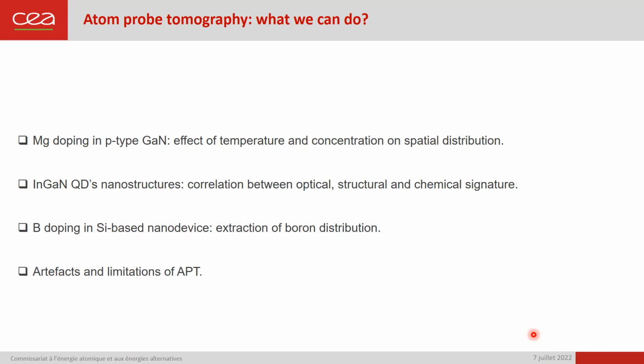The second one will be focused on InGaN quantum dot nanostructures with correlation between optical, structural, and chemical signature of these systems. And the third application will be dedicated to boron doping in nano devices to extract reliable boron distribution. And I will show you at the end some artifacts and limitations of this technique.